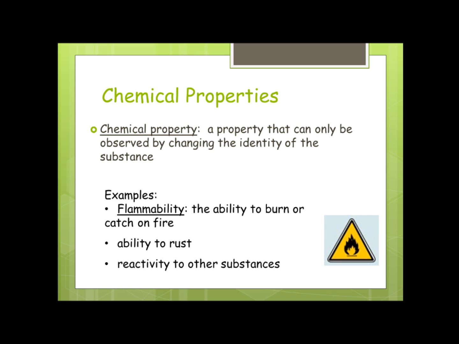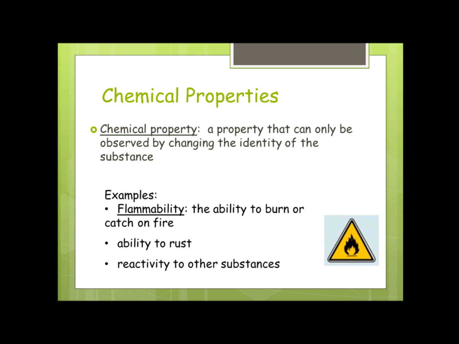So for a chemical property, there are things that you have to do something to the substance to see what its chemical properties are. So flammability is an example, which is the ability to burn or catch on fire. So if we wanted to know if an apple was flammable, we can't just look at it or feel it to see that. We have to actually try to set it on fire.